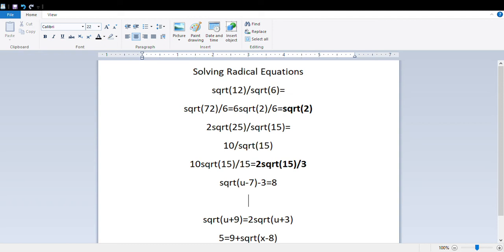So let's do this. This is just like solving linear equations. So square root of u minus 7. As you guys can see, as we go through this Algebra 1 curriculum, a lot of it is repetitive. Square root of u minus 7 equals 11. From here, you're going to square both sides. So square root of u minus 7 squared is just u minus 7. And then 11 squared is 121.